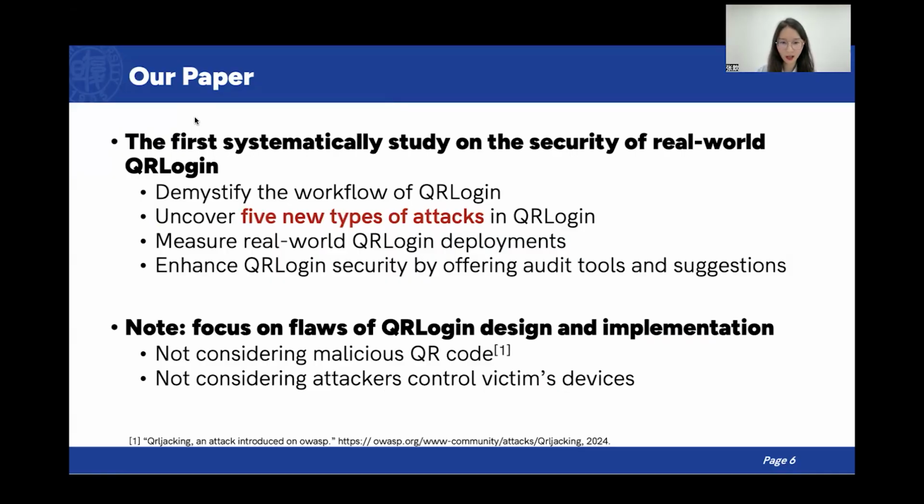And finally, we provide auditing tools and best practices for developers and users. It's important to know that our focus is on how websites design and implement QR login, not malicious QR codes or compromised devices.